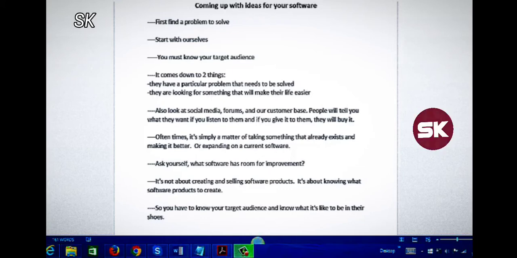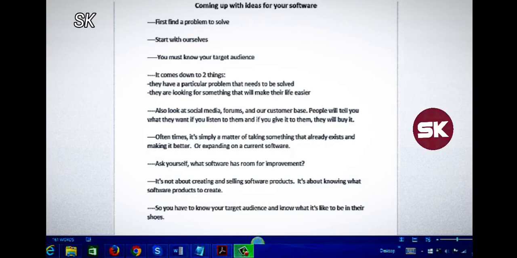You can also look at social media, forums, and your customer base to get an idea of what types of problems your customers or potential customers have and what they're willing to pay for. Most of the time, people will tell you what they want, and if you give it to them, they will buy it. Oftentimes it's simply a matter of taking something that already exists and making it better, or expanding on the current software.